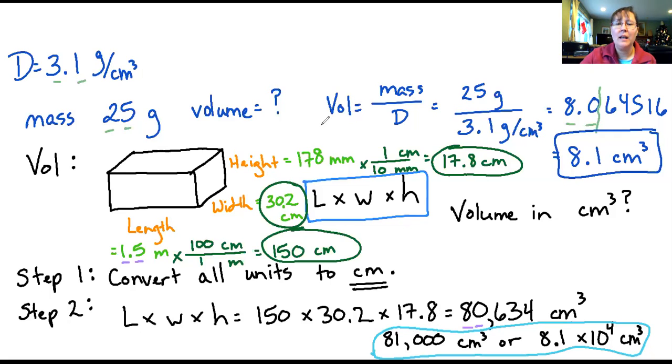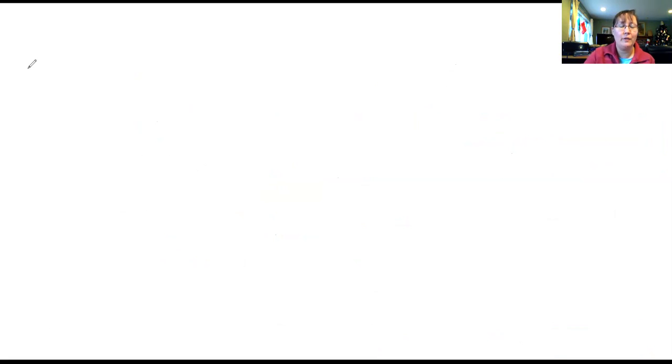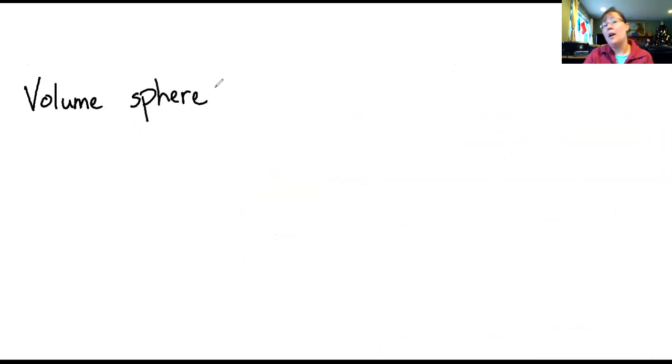review for volume. Let's take a look at another review for volume, and that is the volume of a sphere. So a sphere might be a ball, okay? You know, a basketball or a baseball or something like that, a little ball for your dog if you are like me and you have a little dog running around.